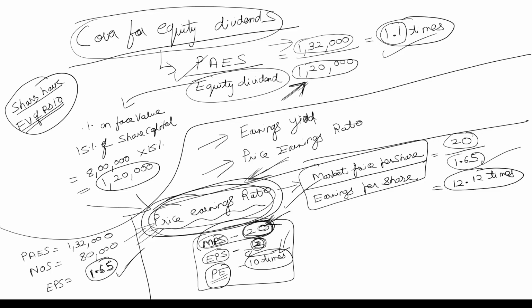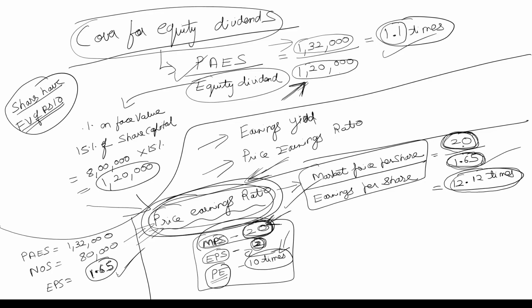So here in our example, the company has earned 1.65 for every share, and the company's share is trading at 20 rupees. That would mean the market has placed a value of 12.12 times, and that's why for a share which earns 1.65, the market is willing to buy it at 20 rupees.